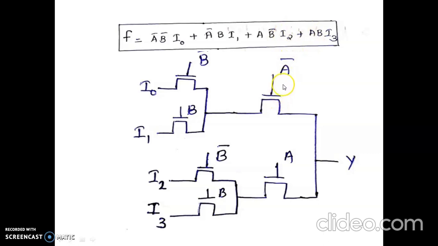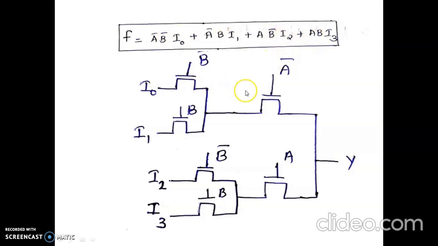Here A and A bar, write at the extreme right end. Then we have two terms, so what will we do? Here write B bar and B, here also B bar and B. Then here write these four terms: B bar I0, B I1, B bar I2, B I3.